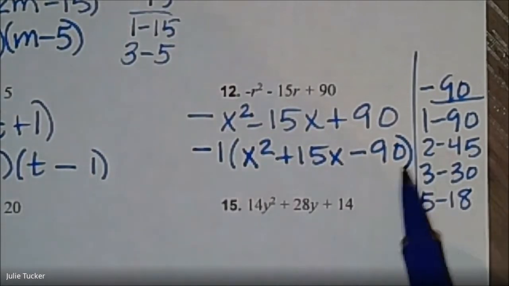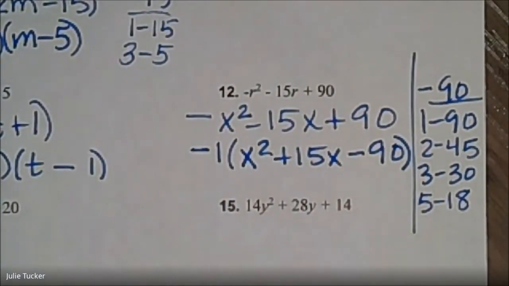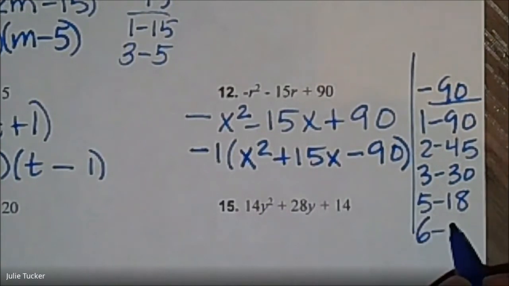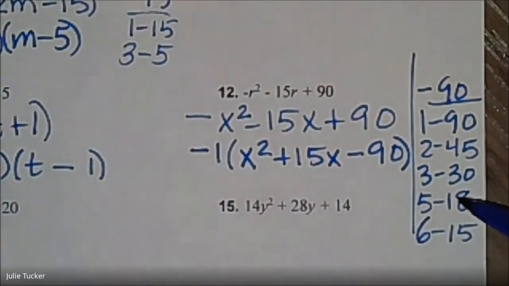Oh, no, I don't know what's going on with this problem. How are we going to get positive? Because if you do 6 minus 15, you get a 9. So the numbers are already too close together. You know what I mean? Did I skip one?